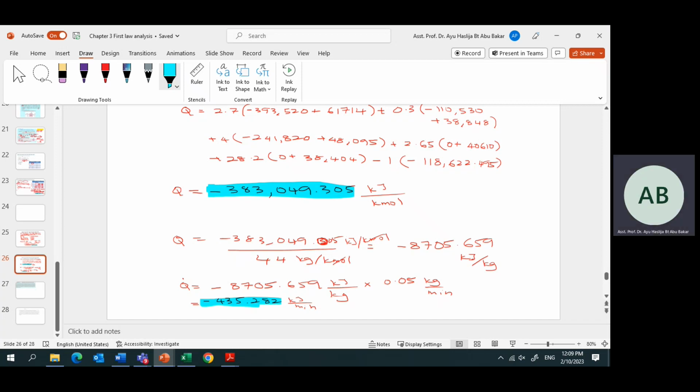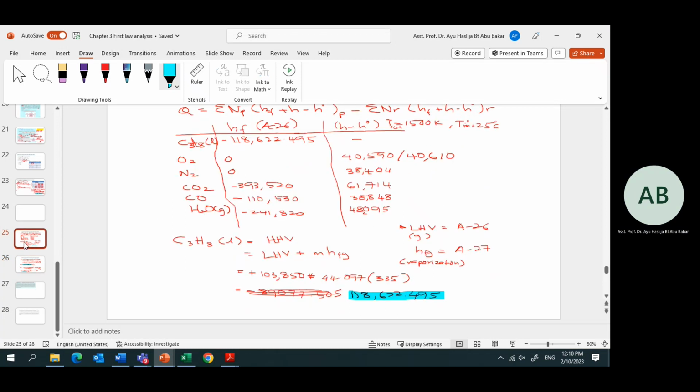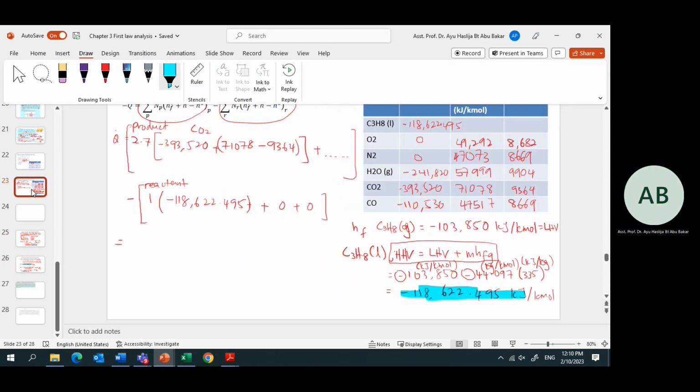Okay, let me clarify something. Why did we not include O2 and N2 in the reactant? Just now I just put 0, because why 0? Because the heat of formation is 0 for O2 and N2. Then the sensible heat, there is no sensible heat for the reactant.